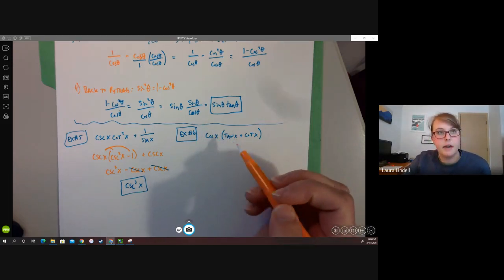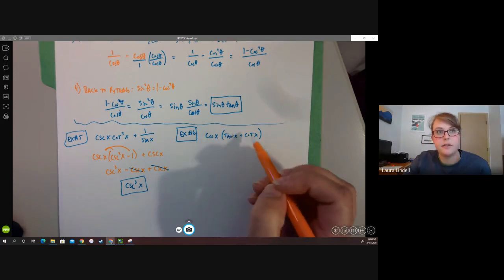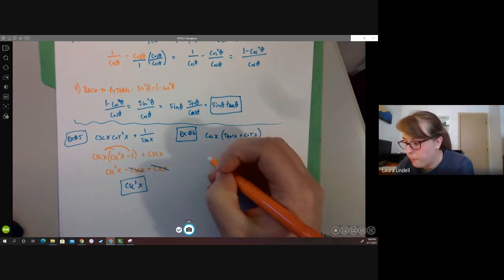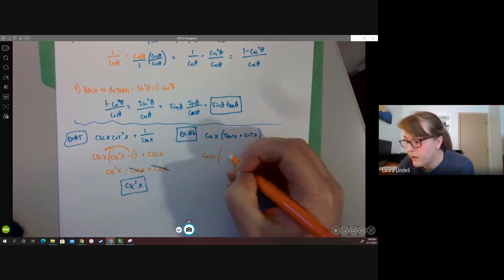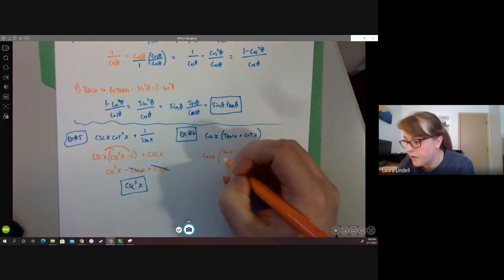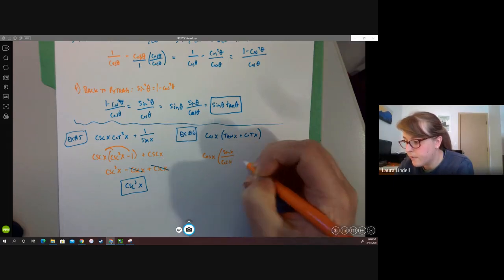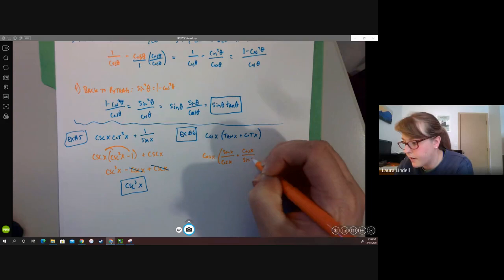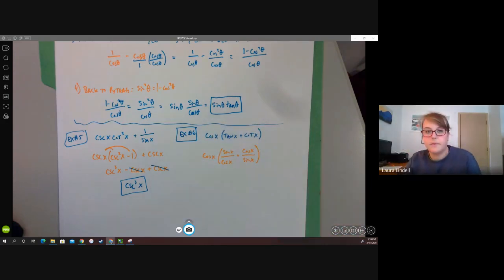So the first thing that I would do is change these two into terms of sine and cosine. So we have cosine of x, tangent is sine over cosine, cotangent is cosine over sine. So now everything is in terms of sine and cosine.